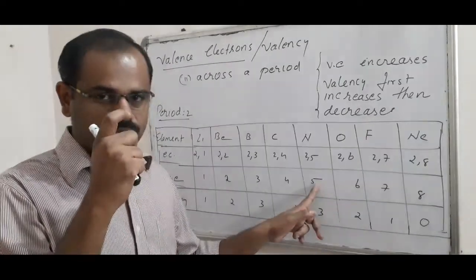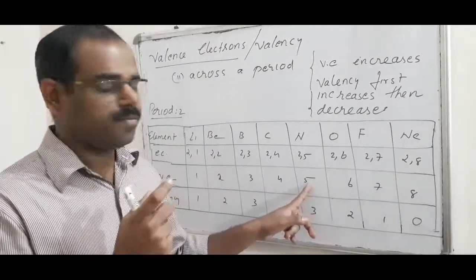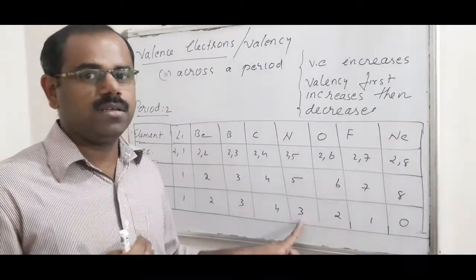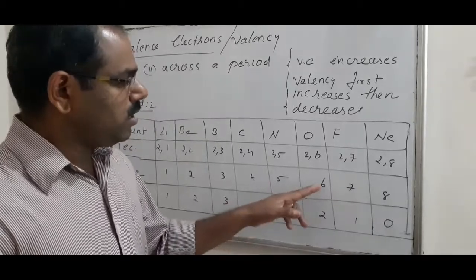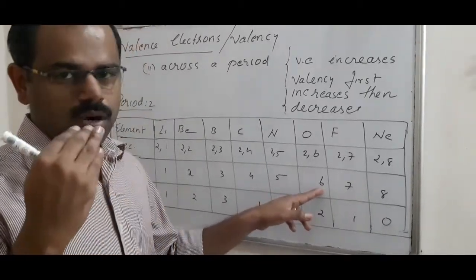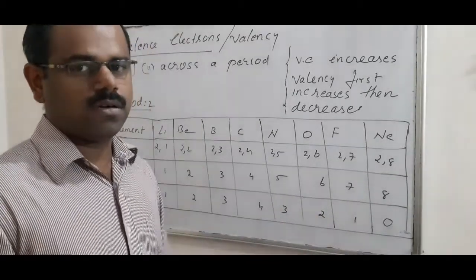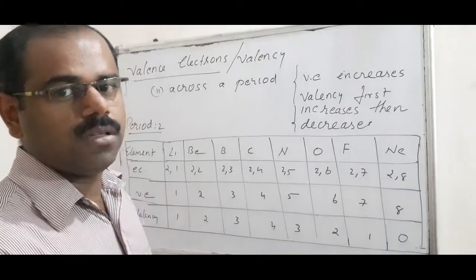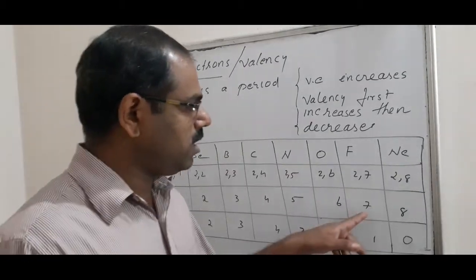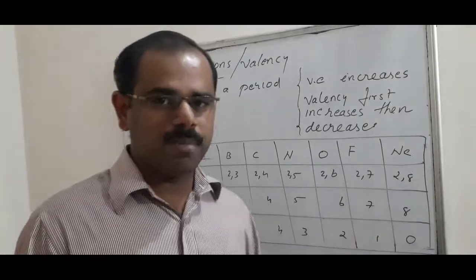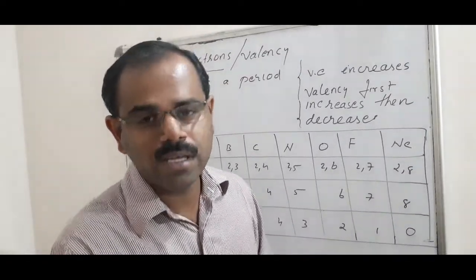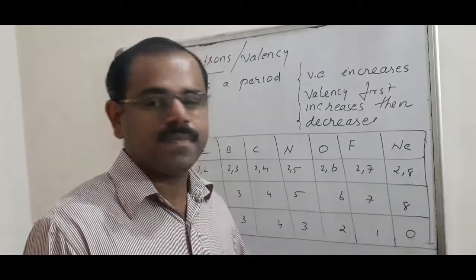Since it has 5 valence electrons, it gains 3, so that you get 8 electrons in the outer shell, octet formation. It has 6 electrons in the outer shell, so it gains 2 electrons to become an octet. Here 7 electrons, it gains 1 electron. Here 8, the octet is complete, so it will neither lose nor gain electrons, so the valency is 0.